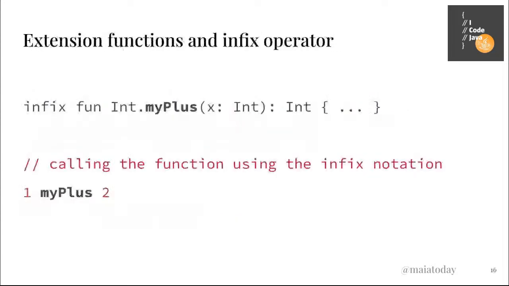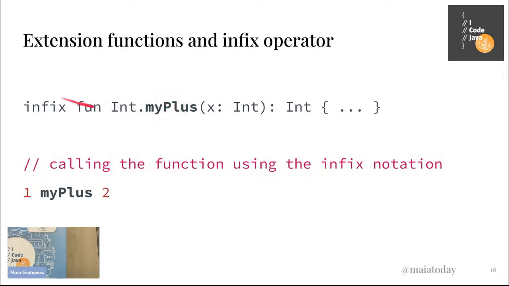The other thing they have is the concept of extension functions and infix operators. So an extension function is, they have an int object, but I want to add a new operator to int because I'm dreaming up some new operator on int. The operator is called my plus. And this means this is another method that you can call on top of int.